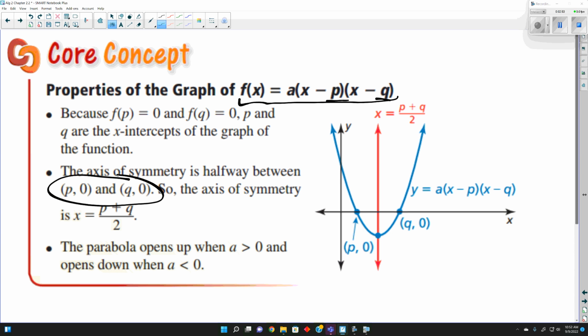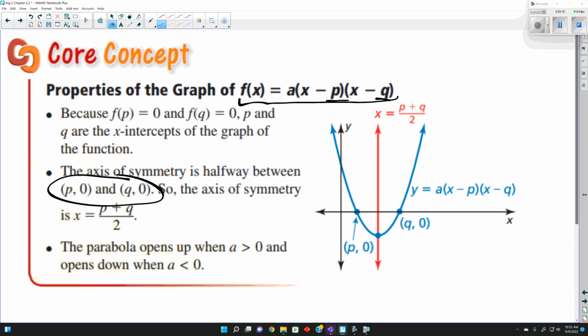Now, whenever we write the x-intercept, we have to write it as an ordered pair. We can't just write the values p and q. It has to be a point. So we have to use our parentheses, the value of p, comma 0, in parentheses, as well as with q.